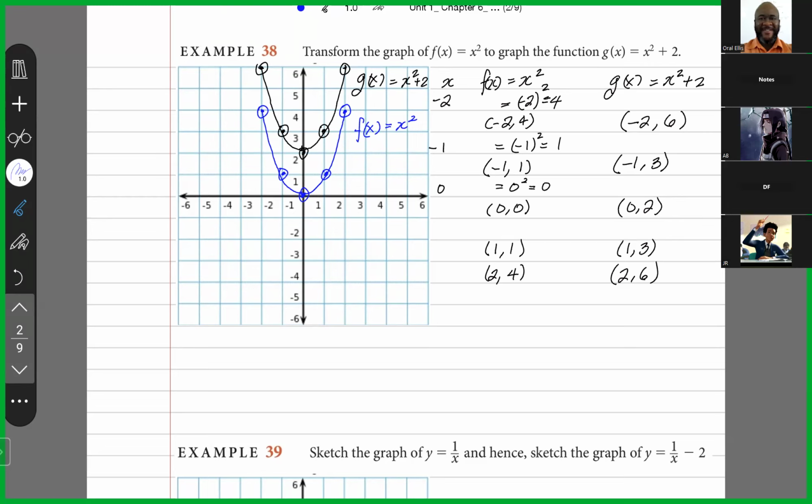Now, g of x is equal to x squared plus 2 is a vertical translation of f of x is equal to x squared vertically upwards by 2 units. And so to get the corresponding points on g of x, the x coordinate remains the same, and the value of the y coordinate increases by 2.